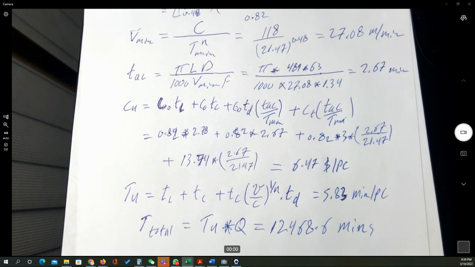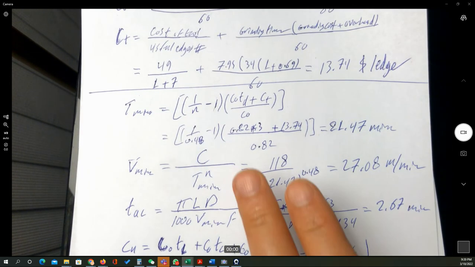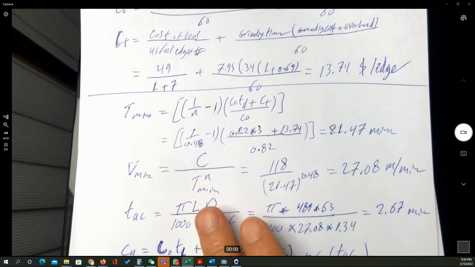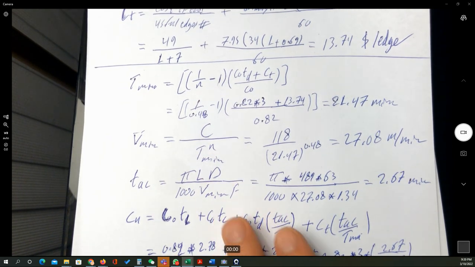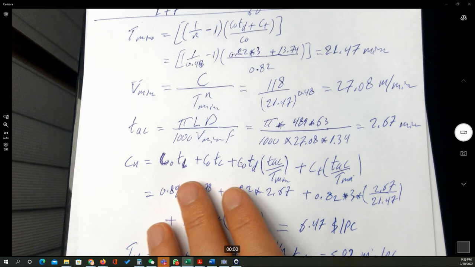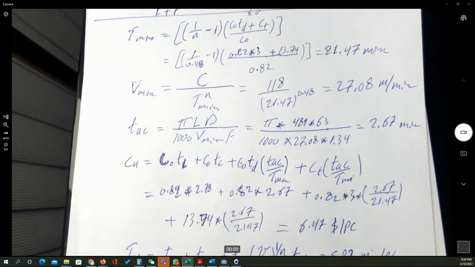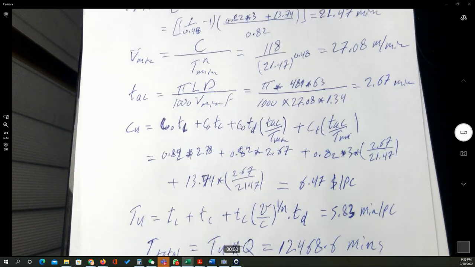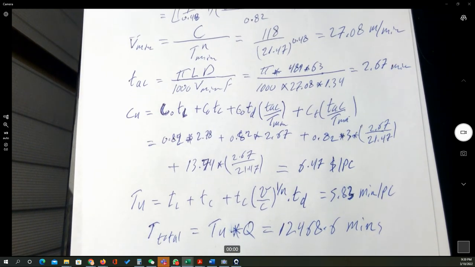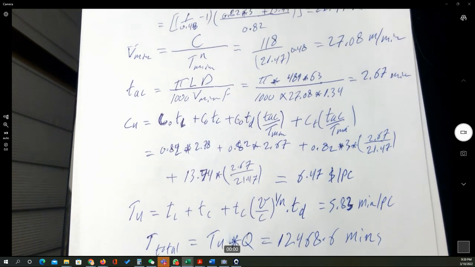Okay, so what you need to do next is calculate the T maximum in the first step, V maximum, TAC according to the V maximum, the CU by using the parameters we got for the T maximum, and then the TU, and finally the T total. You will have two numbers here. After you do that, you need to calculate the CT once again based on the carbide insert.